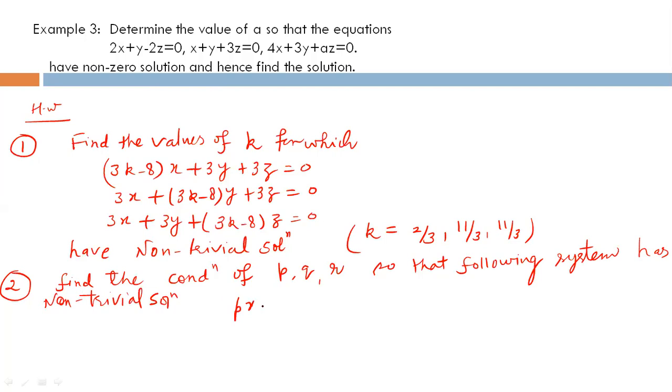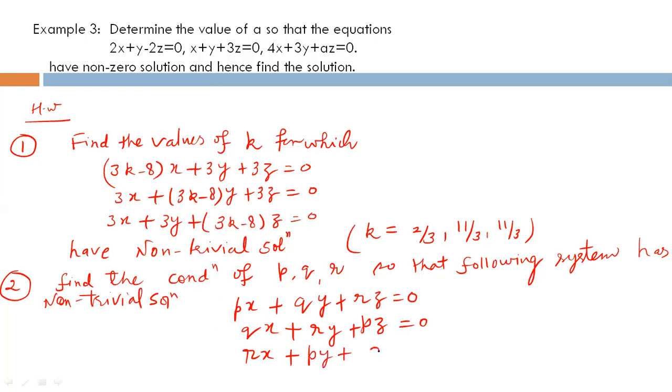The system is Px plus Qy plus Rz equal to 0, Qx plus Ry plus Pz equal to 0, Rx plus Py plus Qz equal to 0. I am giving you the answer here: P plus Q plus R equal to 0 and P equal to Q equal to R. Please verify these conditions. These are 2 important questions based on example 3.